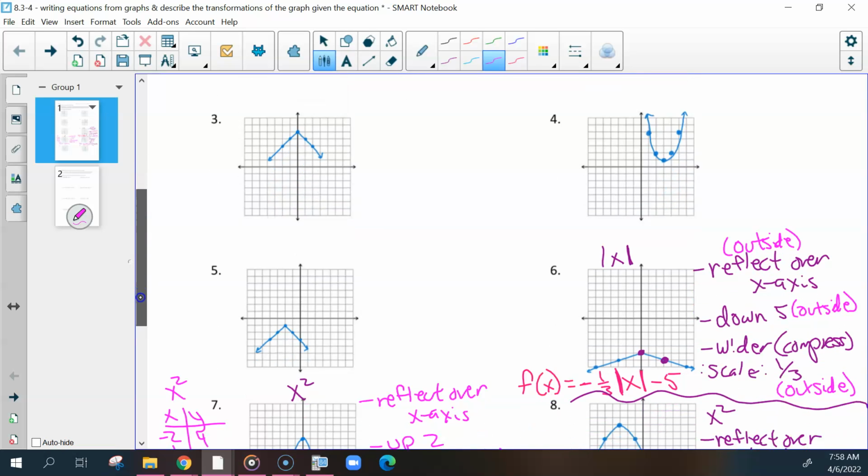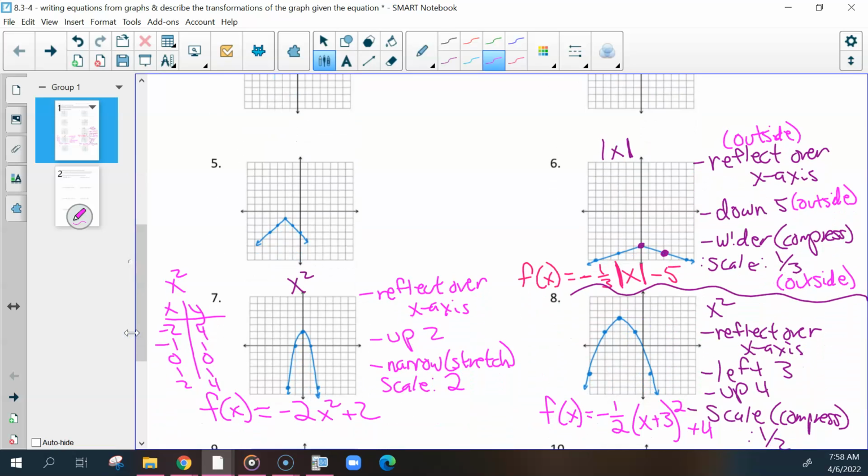Your inside transformations, if you have a negative reflection, if you have a moving left or right, those would go inside the parentheses, inside the absolute value signs. And then anything moving up or down would go outside. So it's always going to be in that order. Negative first, if there is one. Scale factor, if there is one. Negative on the inside, if that's applicable. Left or right, and then up or down.